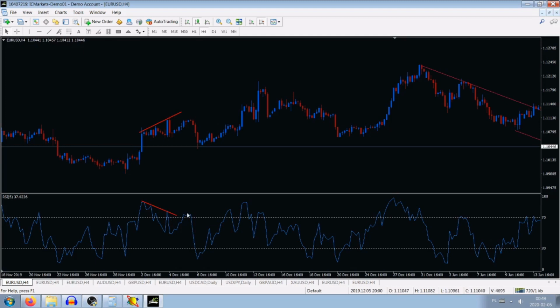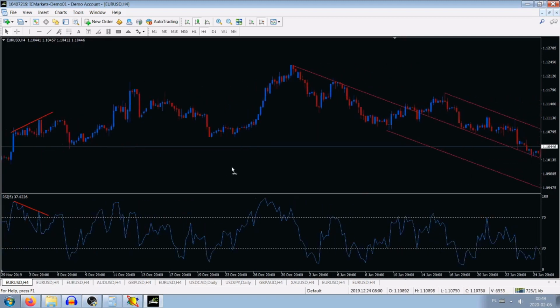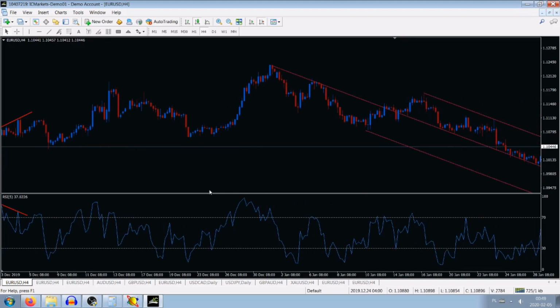It means that we got a bigger chance, not all the divergences work, but a bigger chance that we might start falling here.